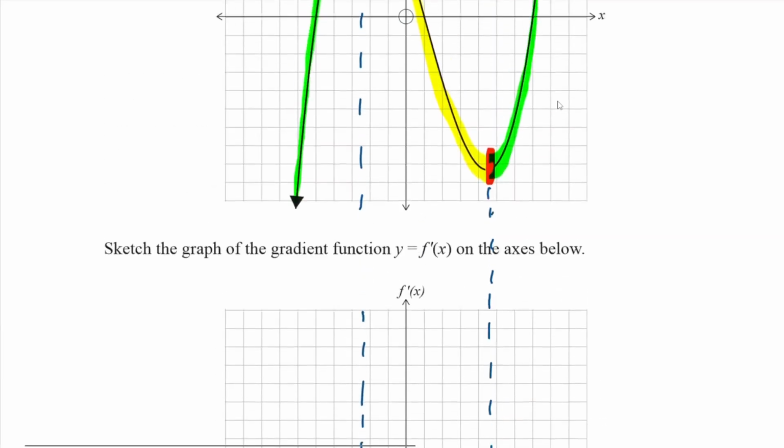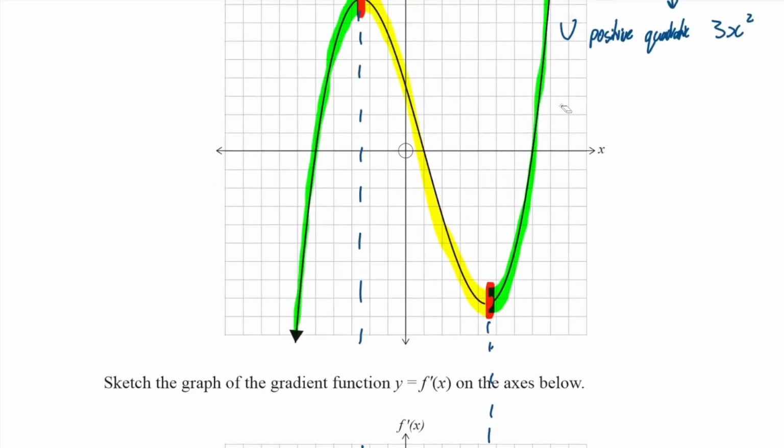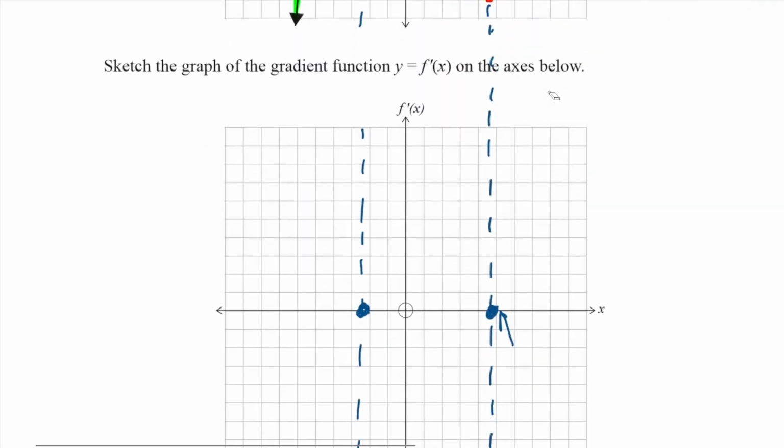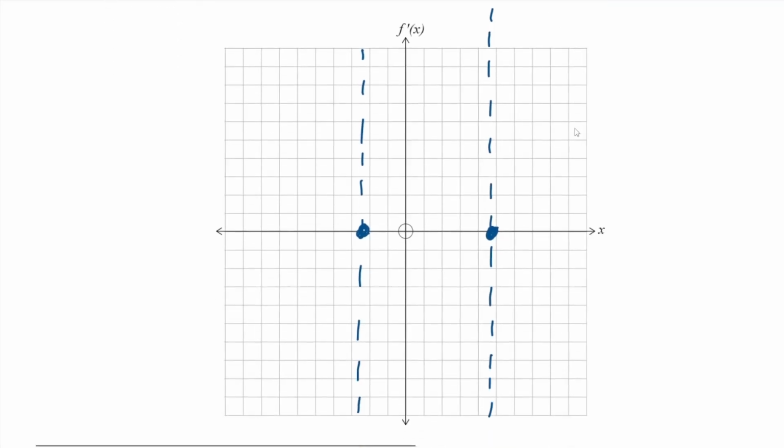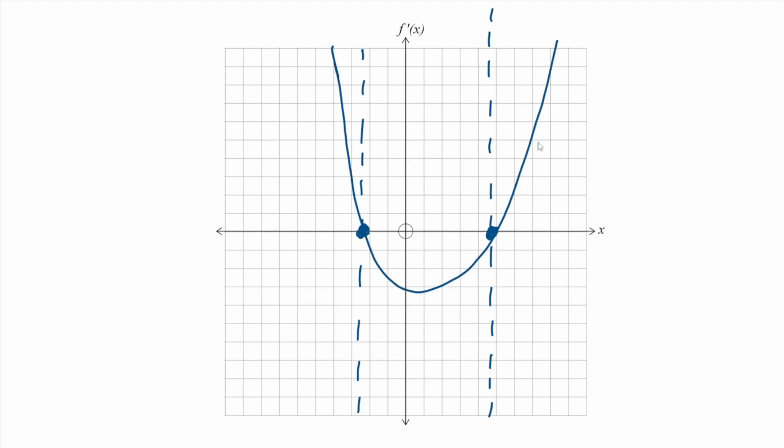So on our original function, when x equals 4.5, the gradient of our original function is 0. Right, it's a turning point. Cool. And now we know our gradient function is a positive parabola. So to connect the dots, we connect them with a positive parabola. Something like so.